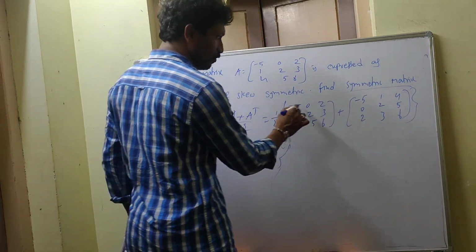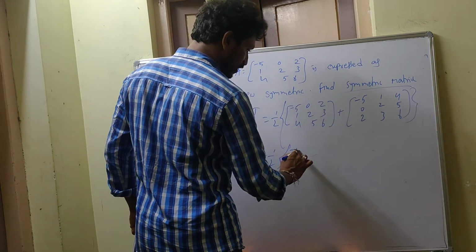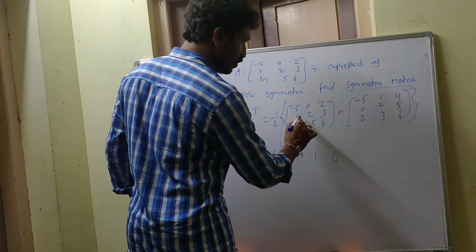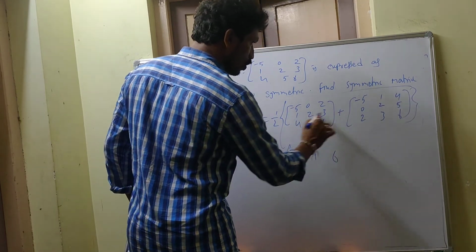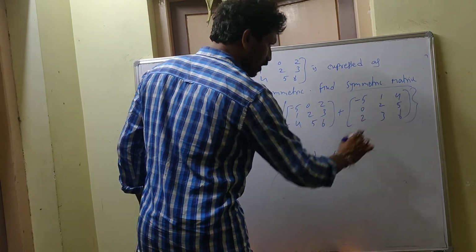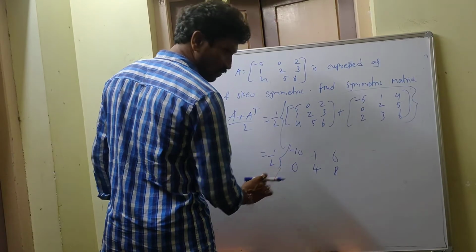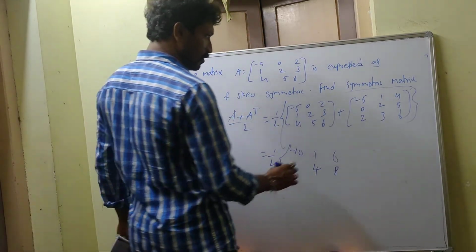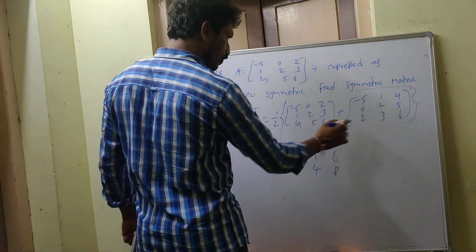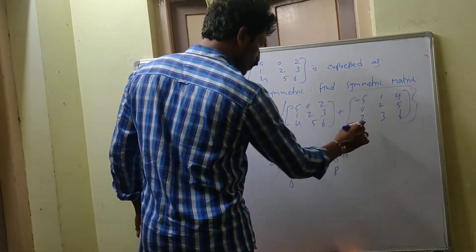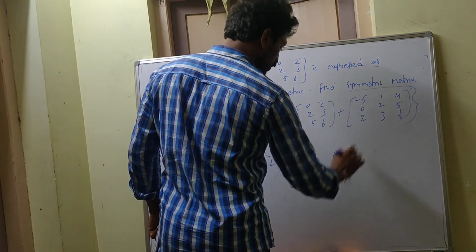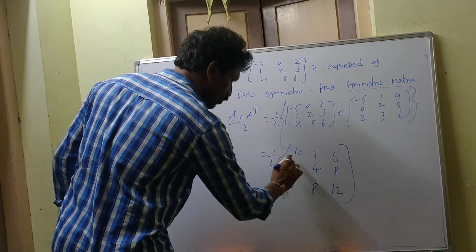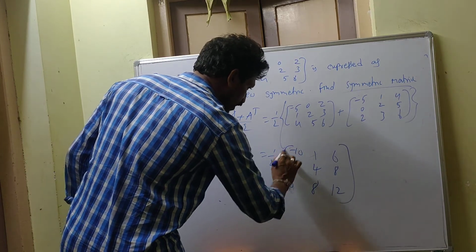So first you do addition: minus 5 minus 5, minus 10. 0 plus 1, 1. 2 plus 4, 6. 1 plus 0, 1. 2 plus 2, 4. 3 plus 5, 8. 4 plus 2, 6. 5 plus 3, 8. 6 plus 6, 12. So just multiply 1 by 2 to every entry in this matrix.